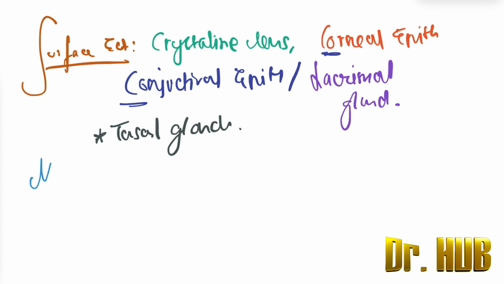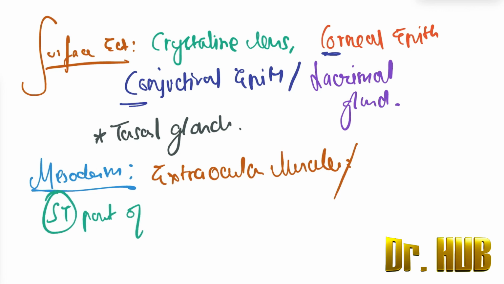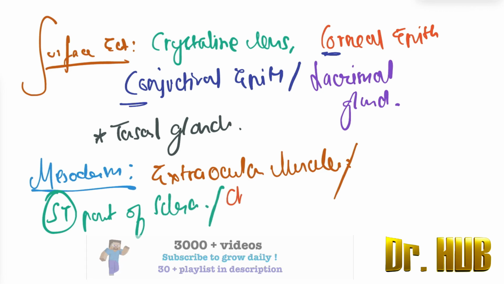Then we move on to the mesoderm. Under the mesoderm, it includes the extraocular muscles. Then comes the supratemporal part of the sclera, and also the choroidal vessels.